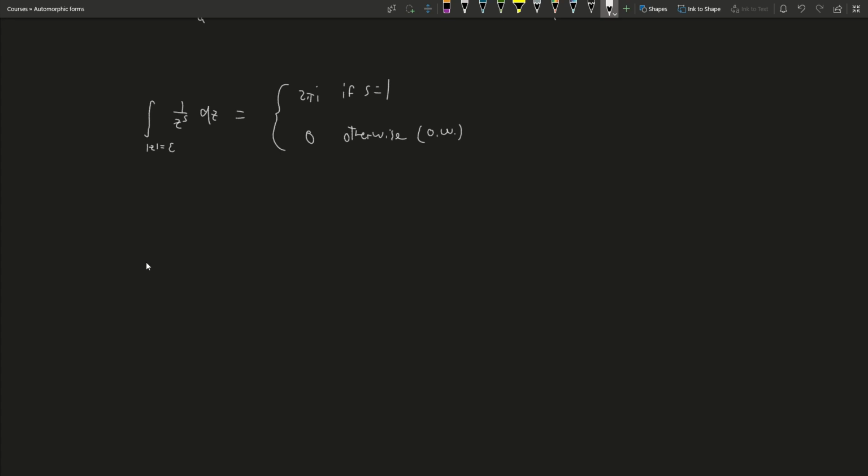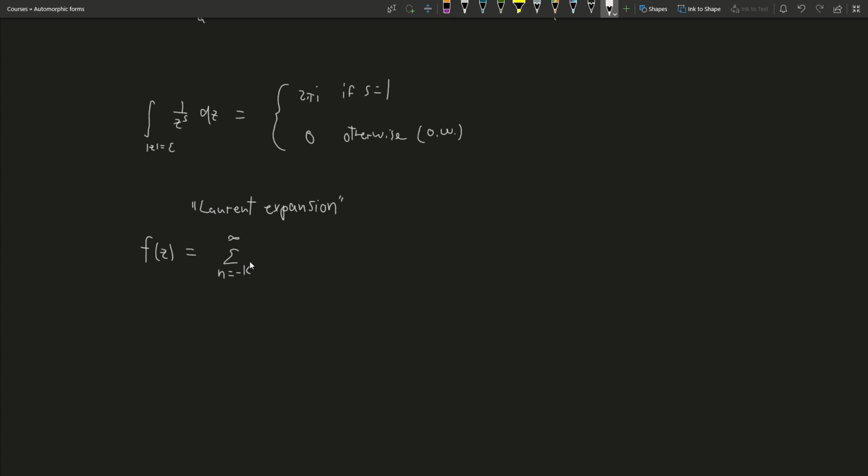So to do that, you can write f of z in terms of what's called a Laurent expansion. So this is basically like a Taylor series expansion. So this is going to be the sum n from minus k to infinity, where k is some integer.